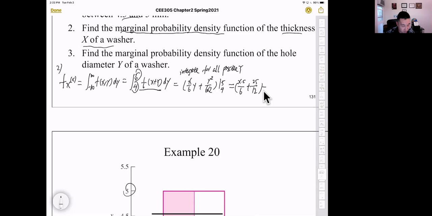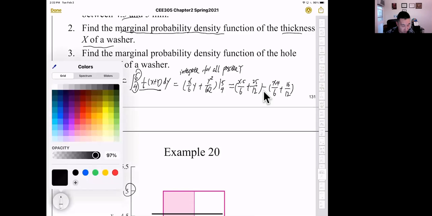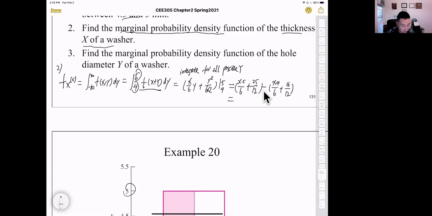Minus, when you plug y equal to 4, x is still x, so 4x plus 16 over 2. That simplified further will become x plus 9 over 2.